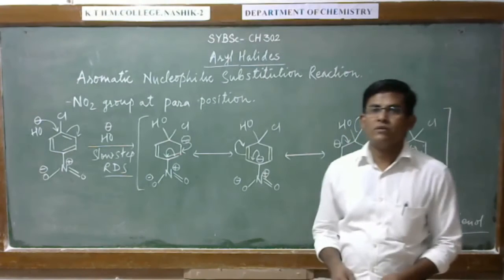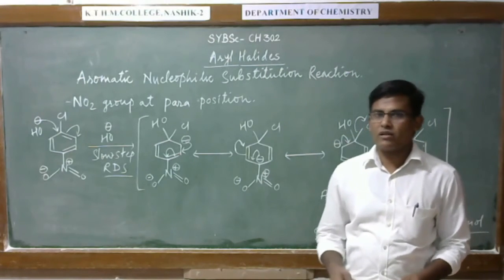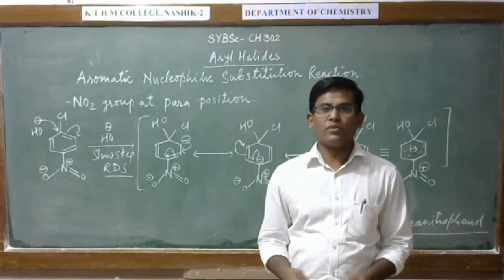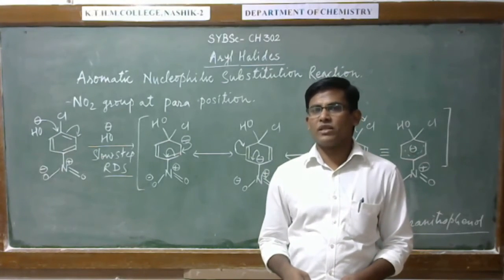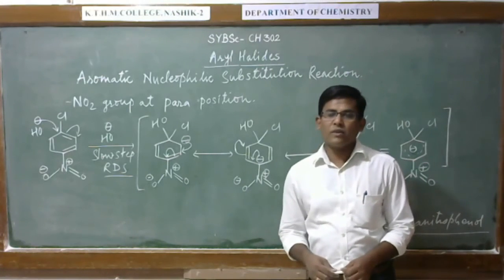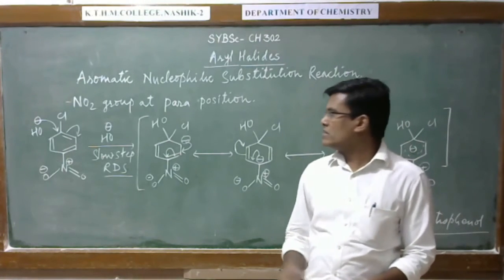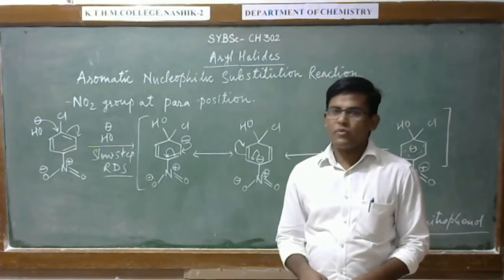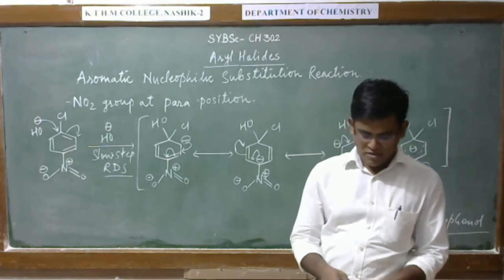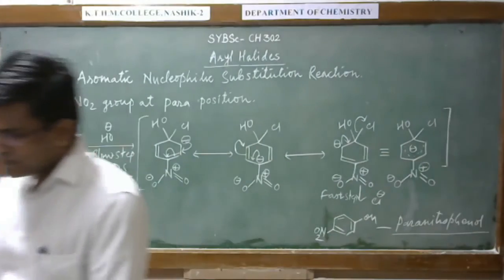Okay. So now let us move to another topic. Aryl halides are also capable of reacting by the benzyne mechanism. In the presence of sodium amide, chlorobenzene can be transformed to aniline.